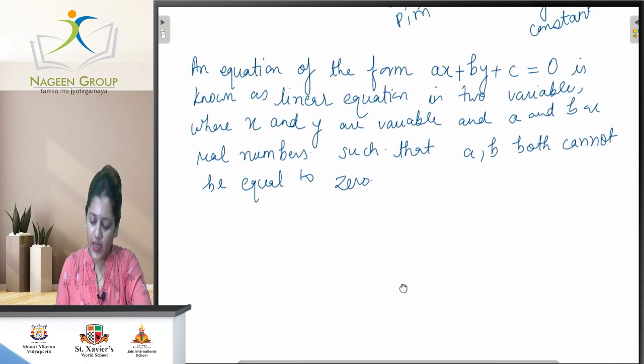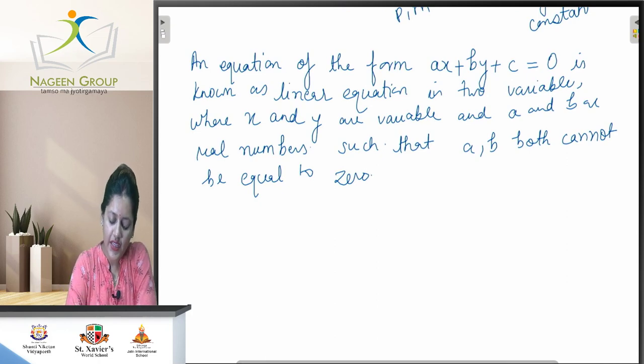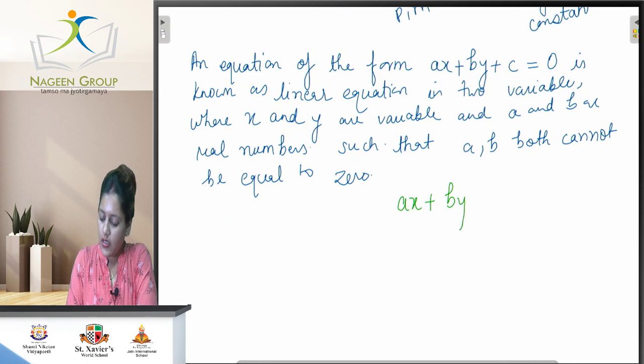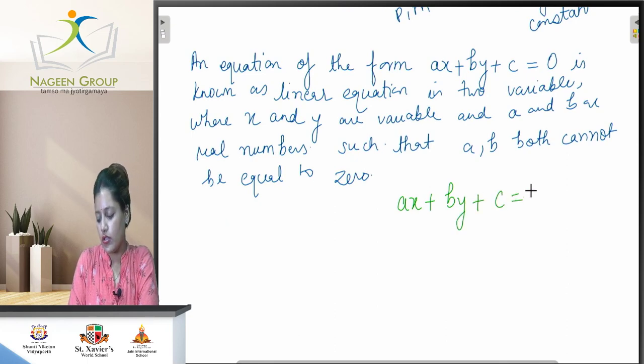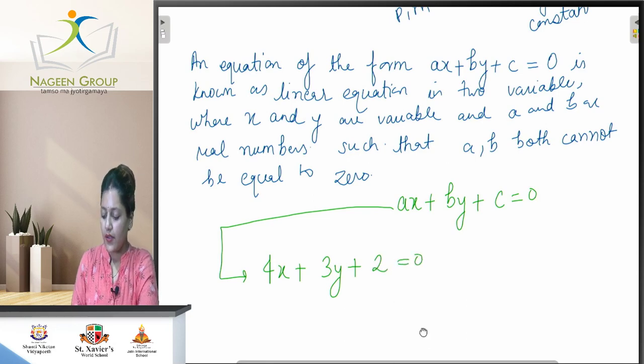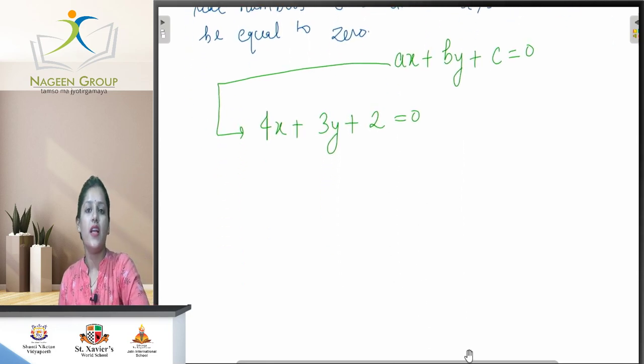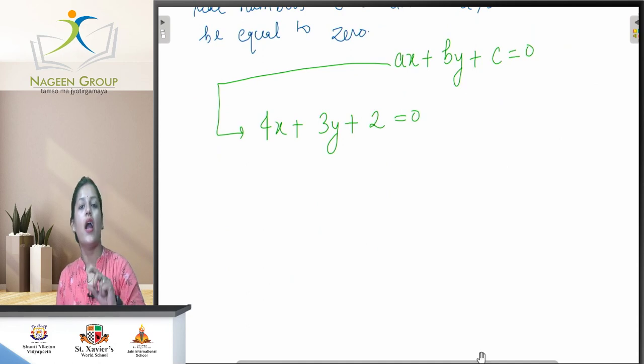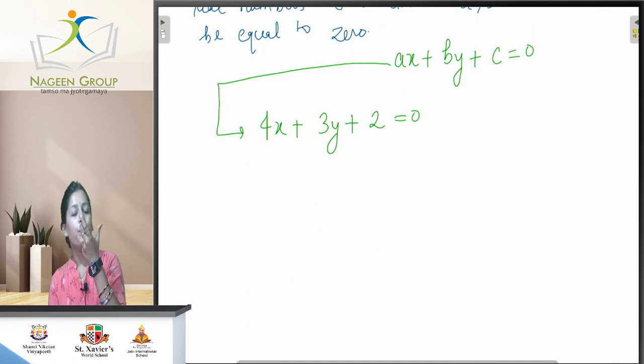In the same way, we have taken the basic form of linear equation, that is ax plus by plus c is equal to 0. In the same form we have taken an example, that is 4x plus 3y plus 2 is equal to 0. The first type is that an equation is given and you have to frame the general equation from it.